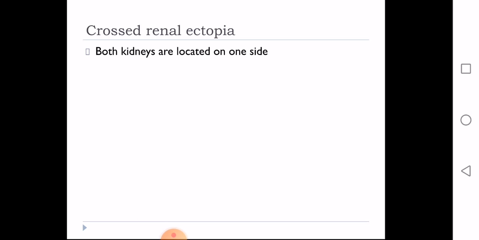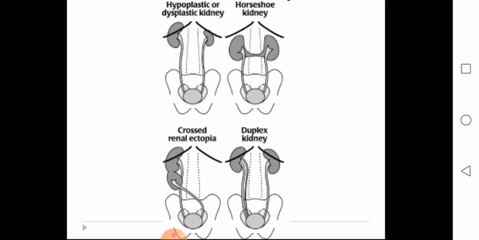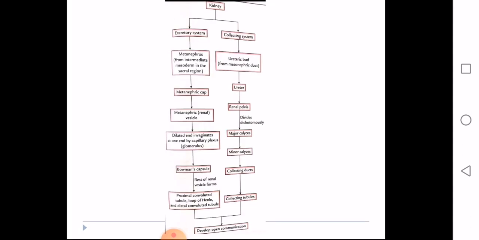Crossed renal ectopia, which I have already mentioned earlier, is where both the kidneys are located on one side. These are all the different types of kidneys that we discussed. To summarize, I hope this flowchart is clear. The kidney is developing, having two components, an excretory part and a collecting part.